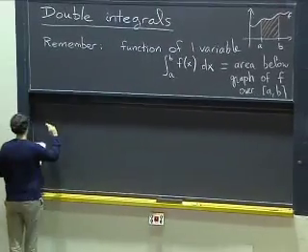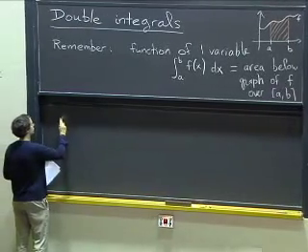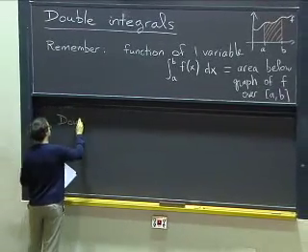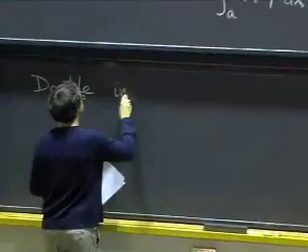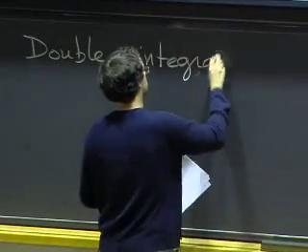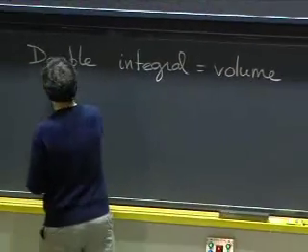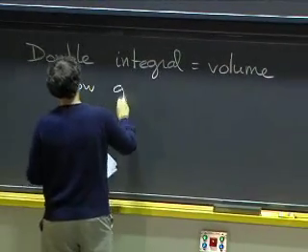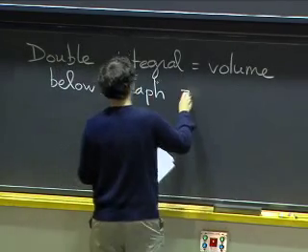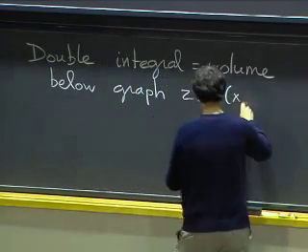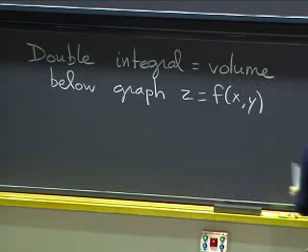So let's say that we have a function of two variables, x and y. Then we'll look at the volume that's below the graph z equals f of x, y.